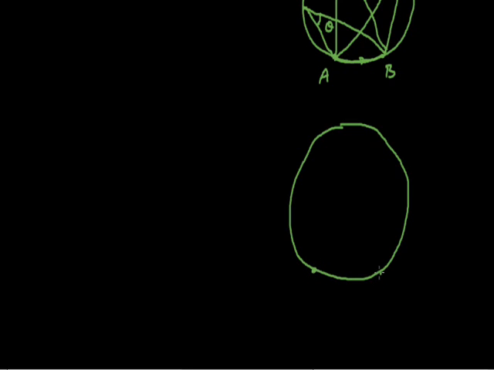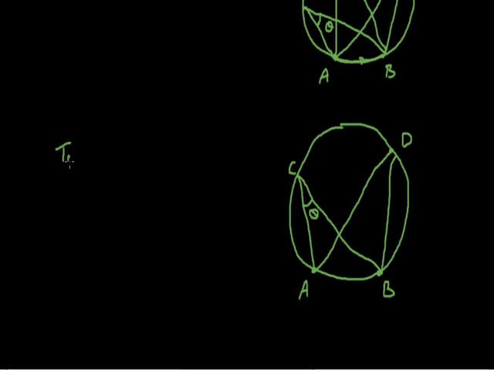Let's say there are 2 points A and B. With the help of AB, this angle is theta and this point is C. Let's say there is another point D. In this we have to prove that angle ADB is equal to angle ACB, that is, angles in the same segment are equal.